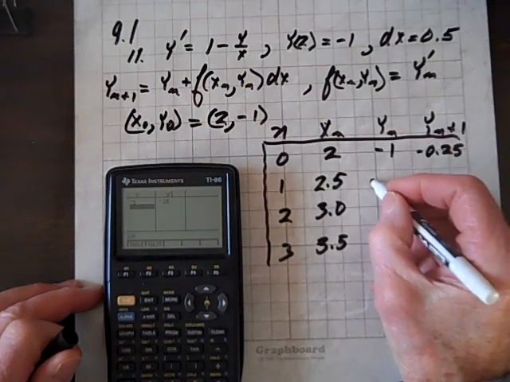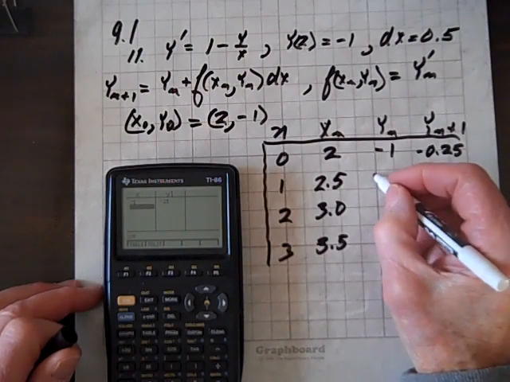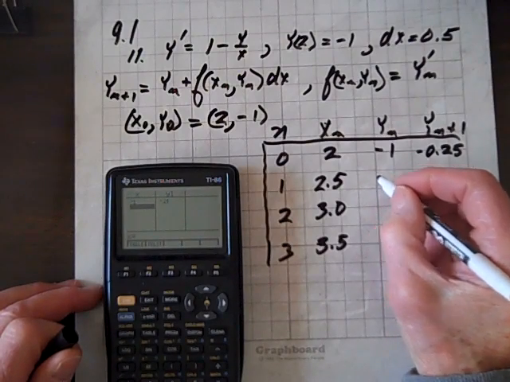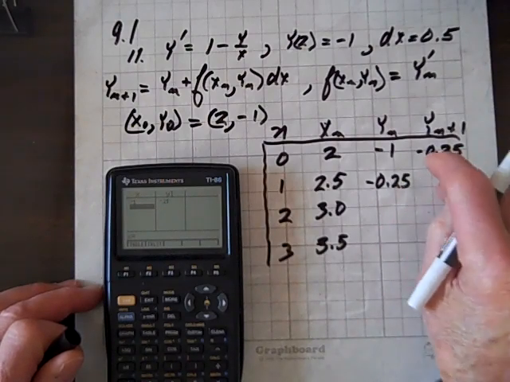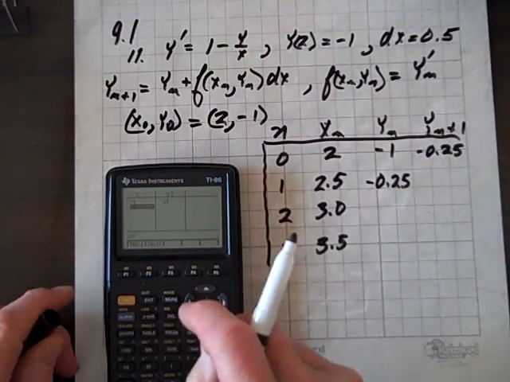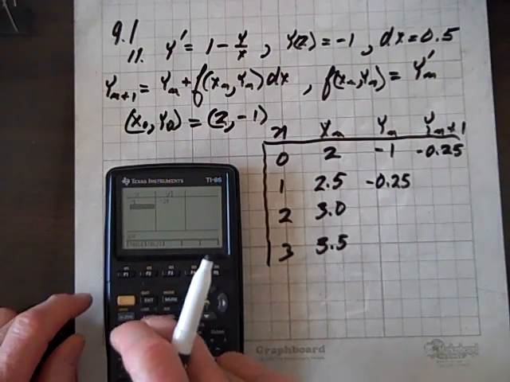So now I know the y sub 1 is going to be negative 0.25.